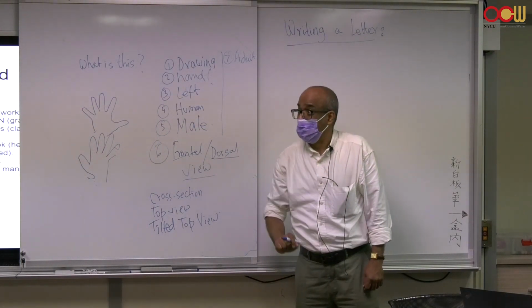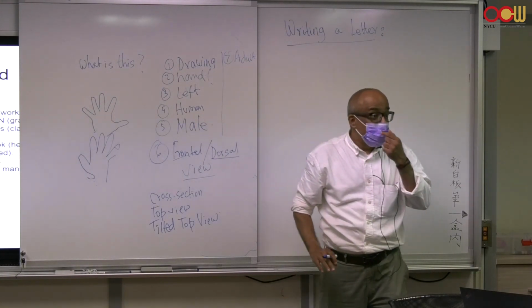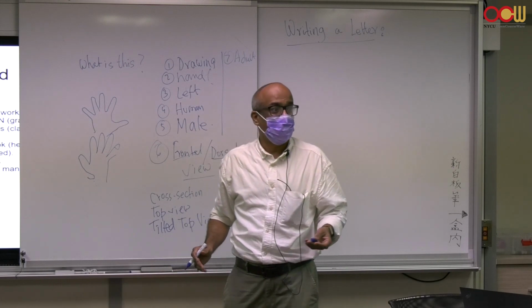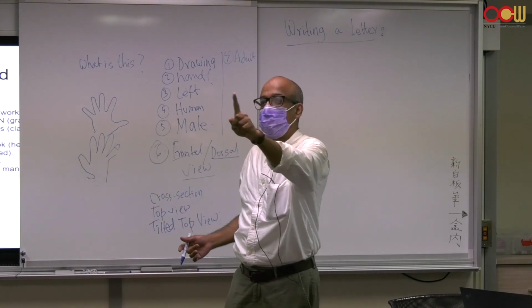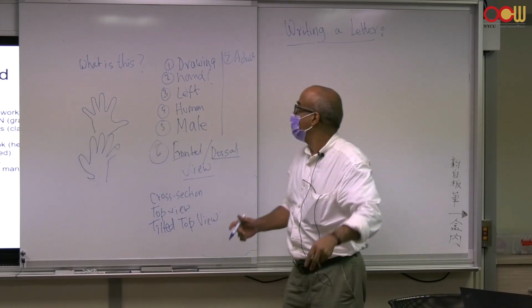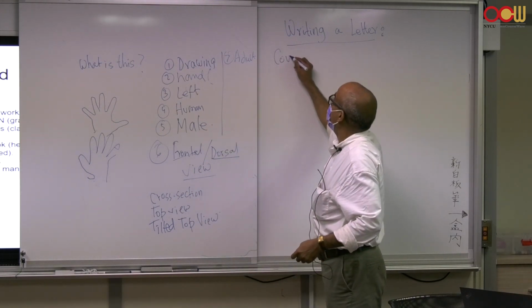There are technicalities involved. And why do we need to learn it? For example, when we submit a manuscript to a journal, the top page is a letter. We call it a cover letter.